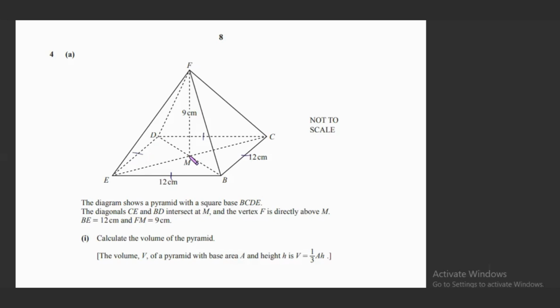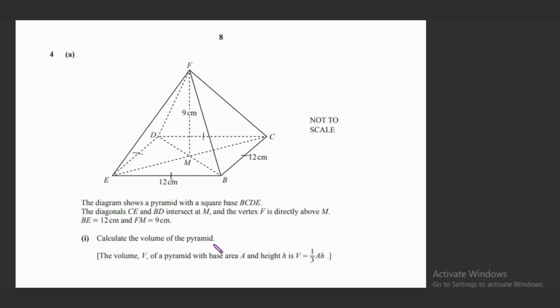That is where the 2 diagonals intersect, and that gets connected to this point F, or to the vertex F. BE is equal to 12 centimeters, so that is already marked in the diagram, and FM is equal to 9 centimeters, that is also marked in this diagram that is given here.